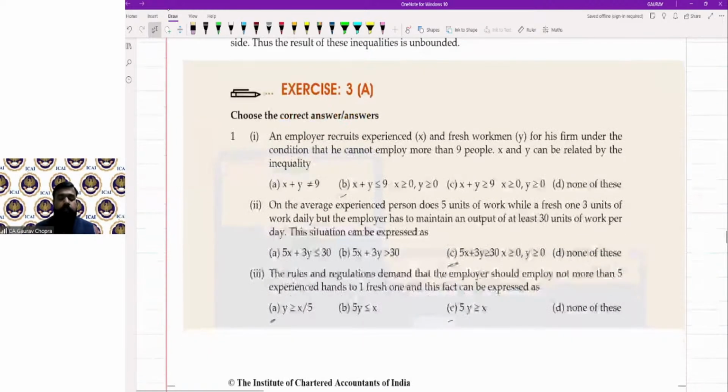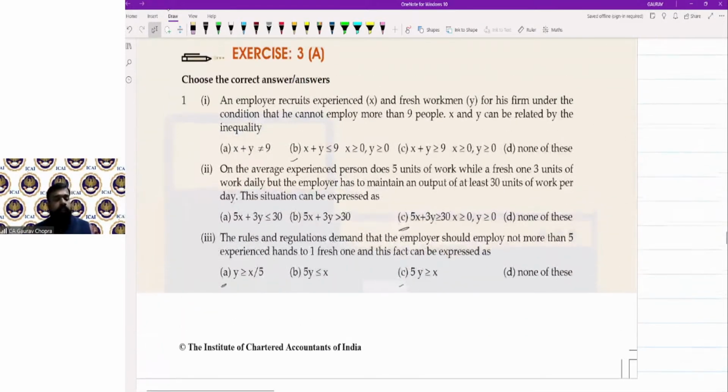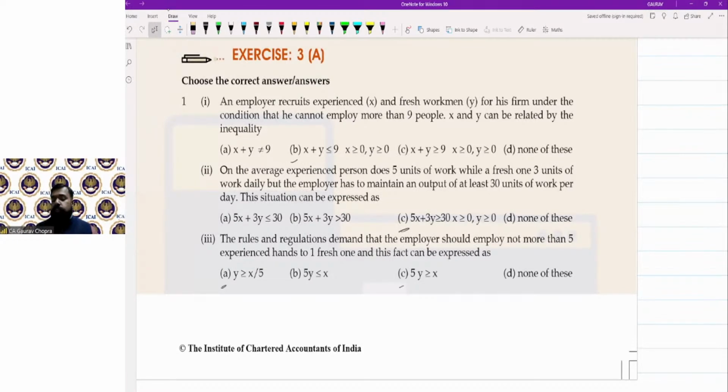So now let's come to the exercise. Exercise 3A, question first. Now read the question and answer question number 1. An employer recruits experienced workmen, that is X, and fresh workmen, that is Y, for his firm under the condition that he cannot employ more than 9 people.